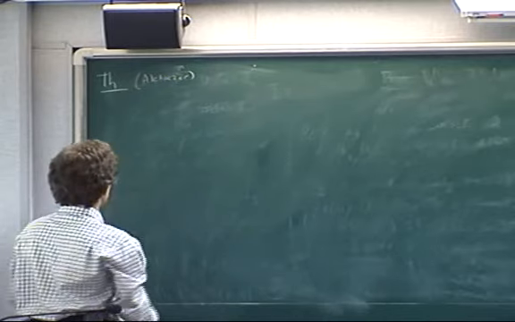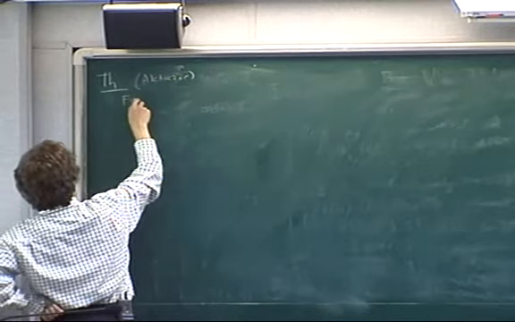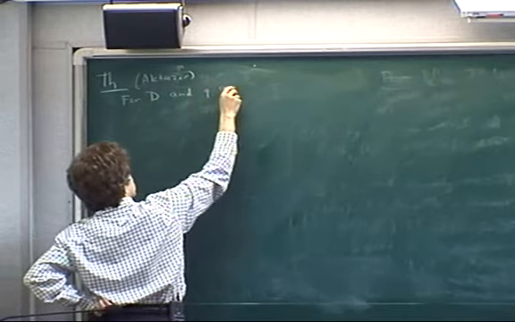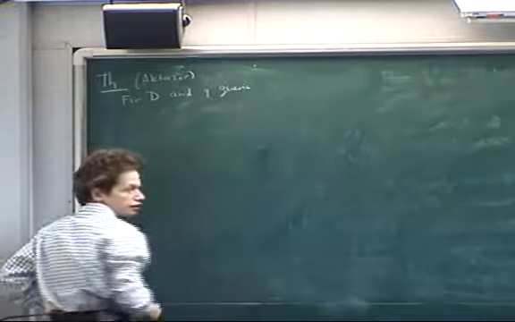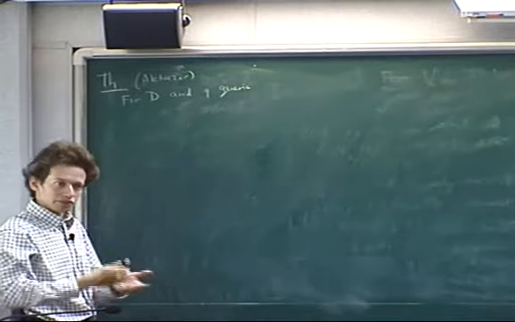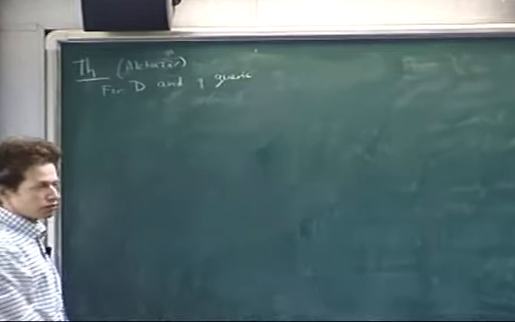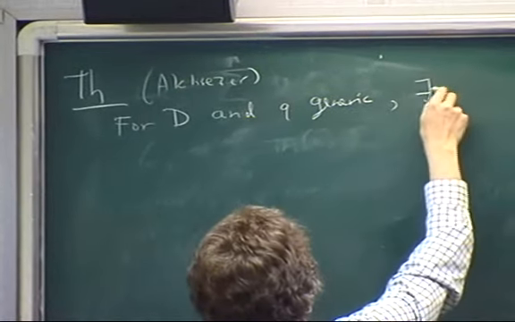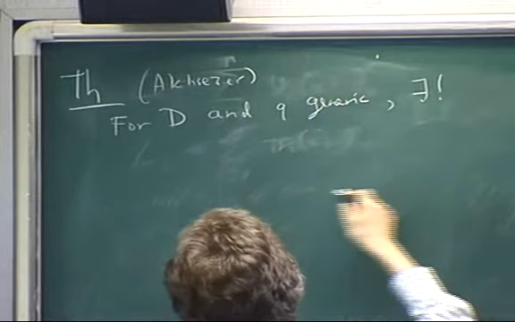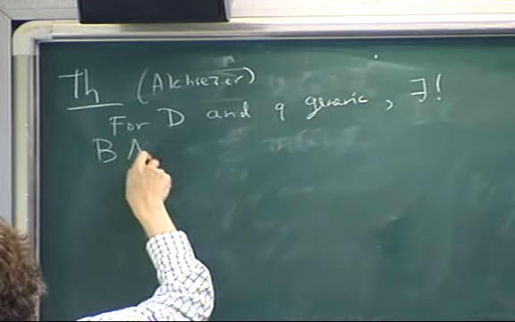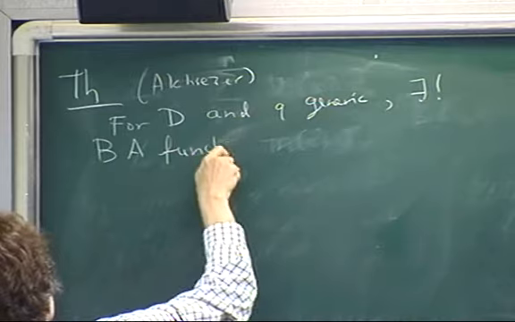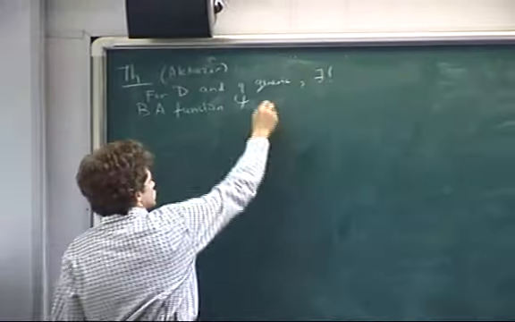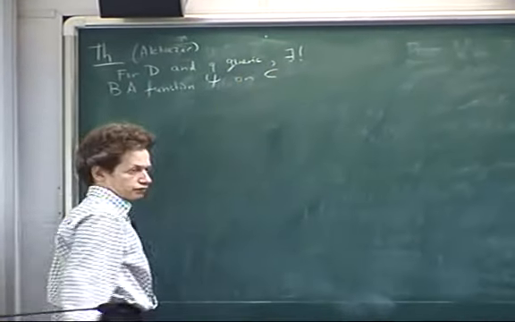This theorem is as follows. For D and Q generic, and I won't specify exactly what generic means, but for an open set of D and an open set of Q, there exists a unique Baker-Akhiezer function psi on the curve C. Okay.